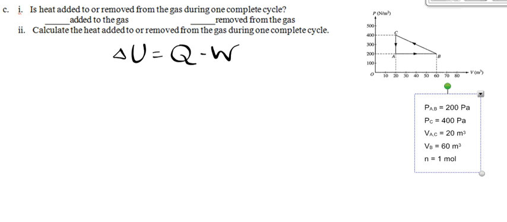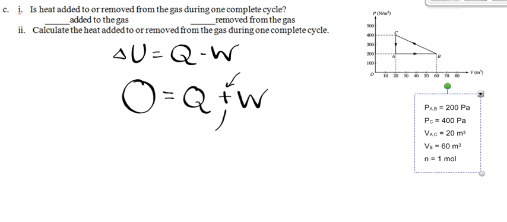Now, this is something I'm going to have to explain in class quite a bit, but first of all, you know the total energy, this is reversible. Therefore, when you get back from A to B to C all the way back to A, the energy is the same. So change in U has got to be equal to 0. Q is what we're looking for. And I found out that my work was positive. Once again, this is going to be a bit of a sticking point, but we will clear it up. So right now, just bear with me.